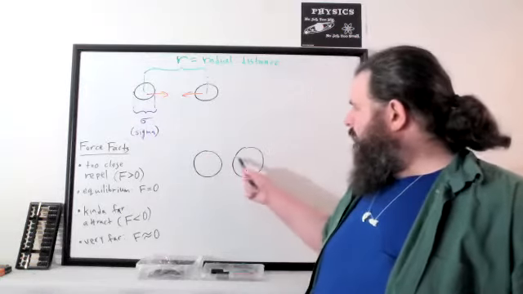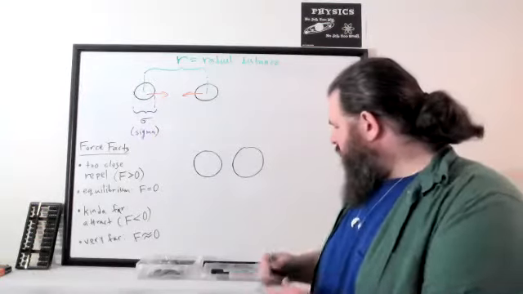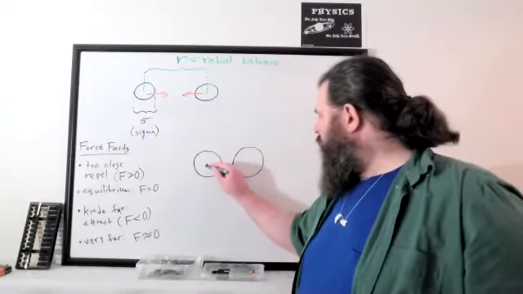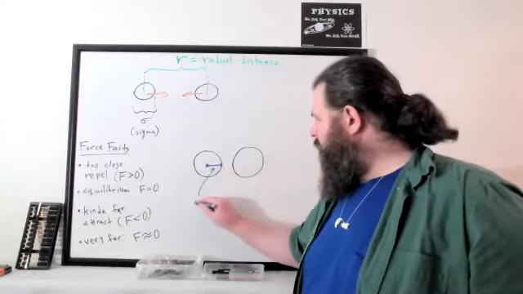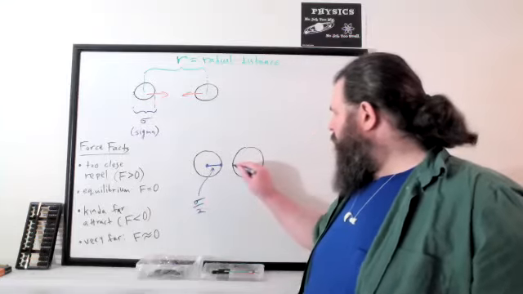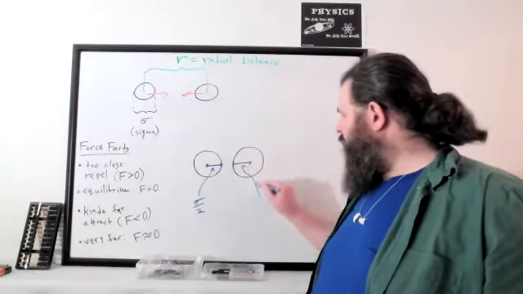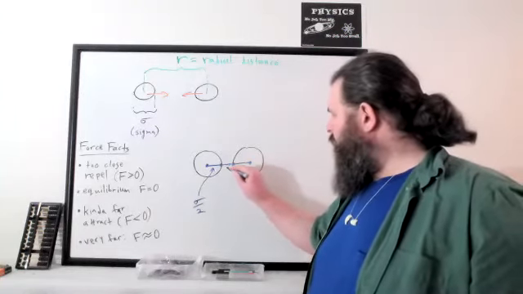So if they're a little bit further out, if they're not quite touching, once again, we have half sigma for the radius. We've got another half sigma for this radius, plus a little bit extra.